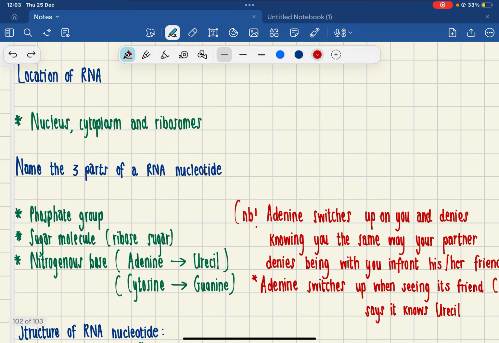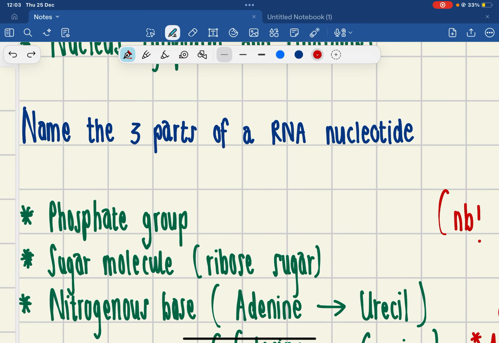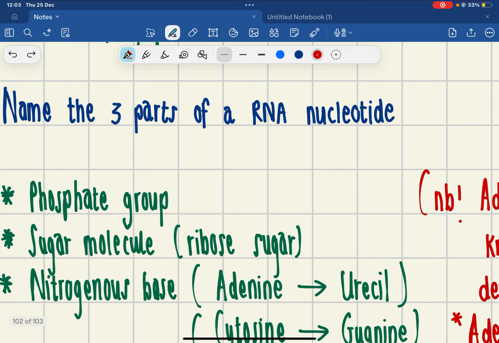Now we're going to move on. And boys and girls, DNA has a nucleotide. RNA has a nucleotide. And when we think back, we said that a nucleotide is the monomer or building block of RNA and DNA. So now let's look at an RNA nucleotide, boys and girls.